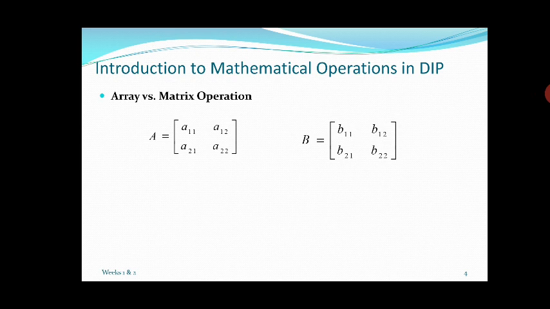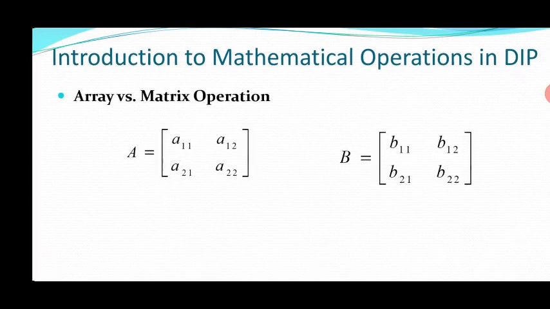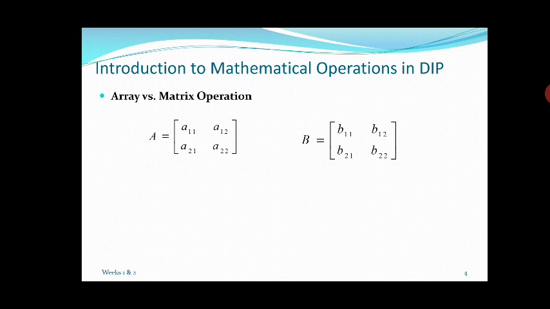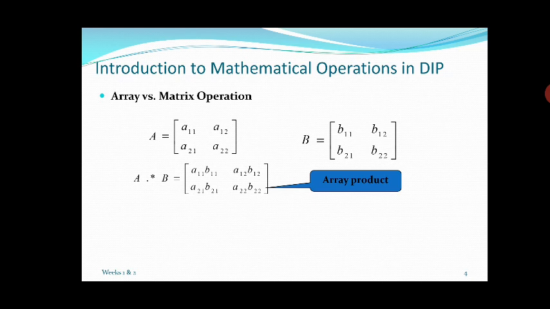They are arranged in the form of rows and columns. Its elements are A11, A12, A21, A22. The next one is B11, B12, like this. So there are two images A and B, and their individual values are A11, A12, B11, B12, likewise. Now, if you perform a multiplication operation, it is an array product.